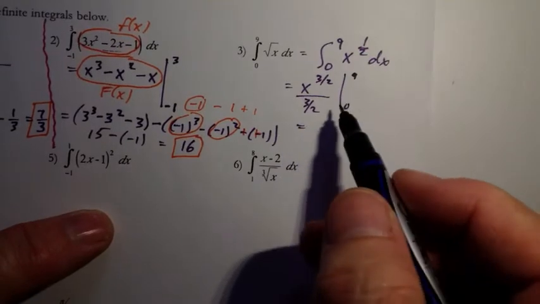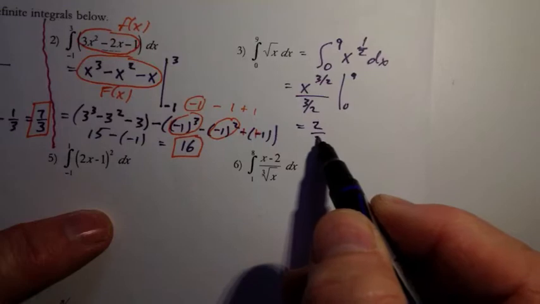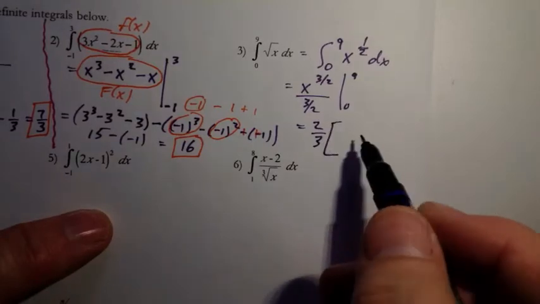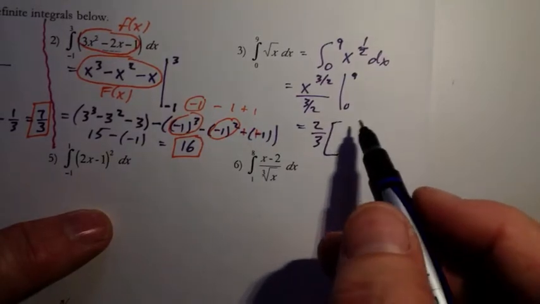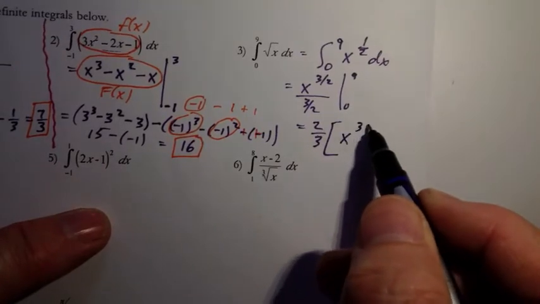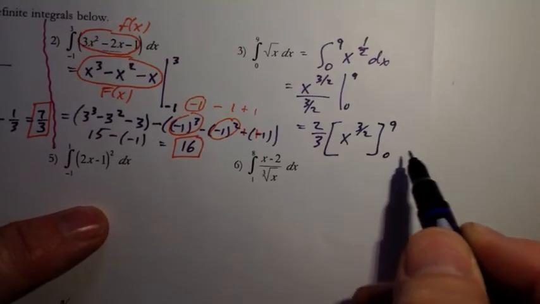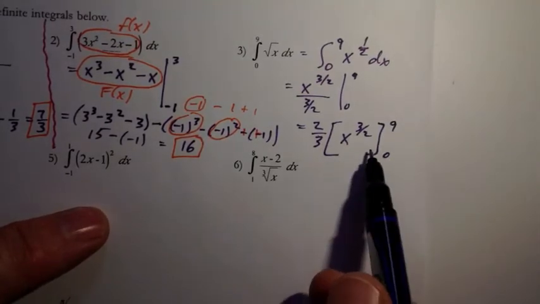But also then we'll write down, if you divide by 3/2, it's the same as multiplying by 2/3. And what I'm going to do is factor out that constant and then just leave the x to the 3/2 inside. Now, when we have a constant out in front, that's when we'll put brackets around the antiderivative.